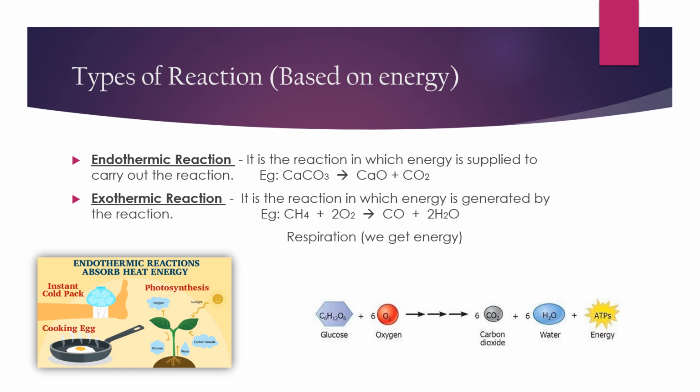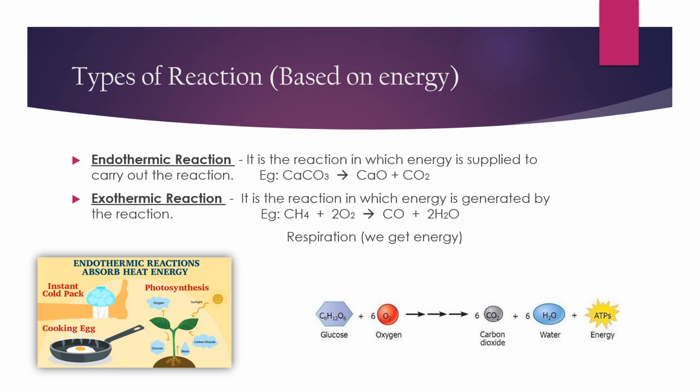Another example is respiration. In the lower side of the page, we can see it is given: C6H12O6, that is glucose, plus 6O2, oxygen, forms 6CO2, carbon dioxide, plus 6H2O, water, plus ATP, that is energy.